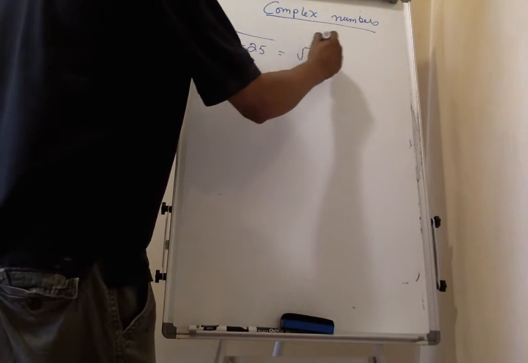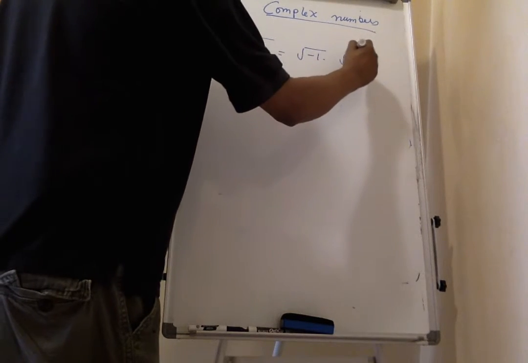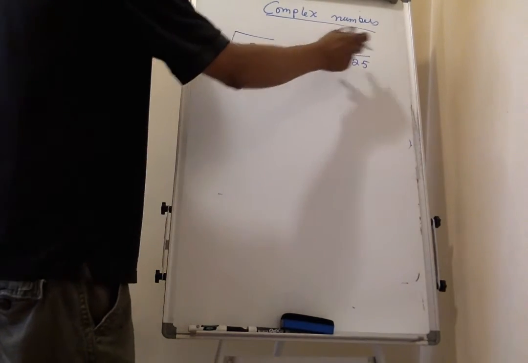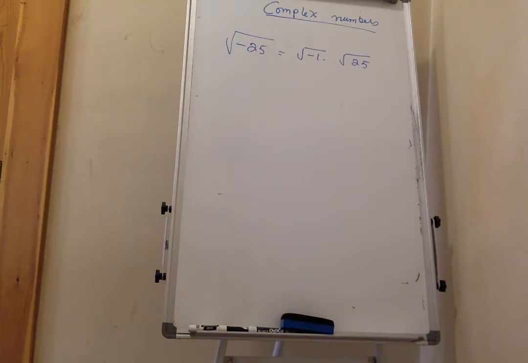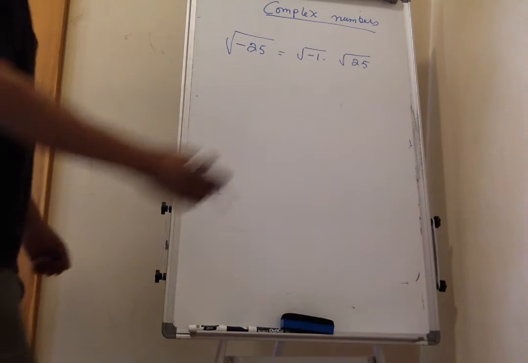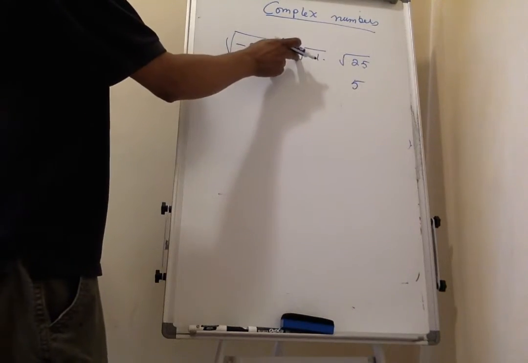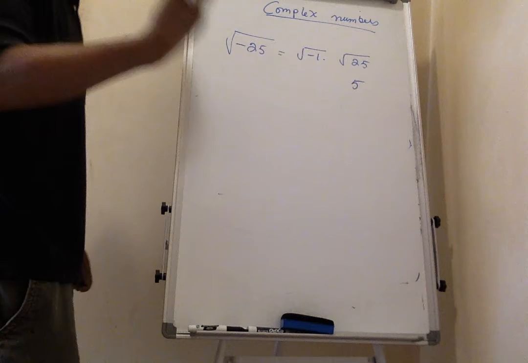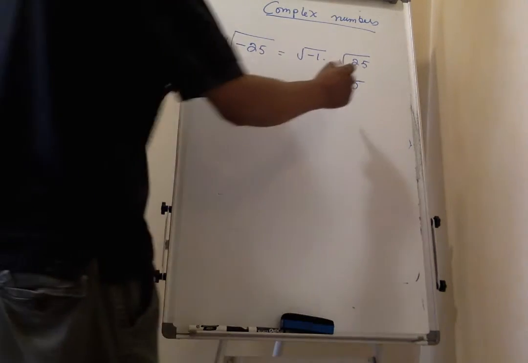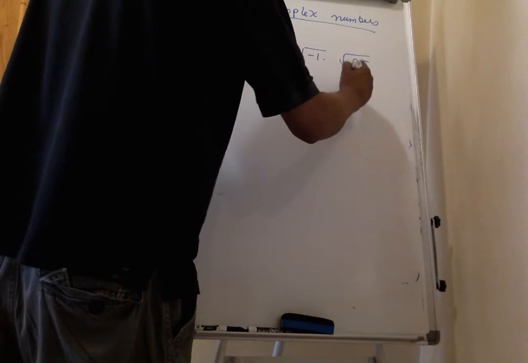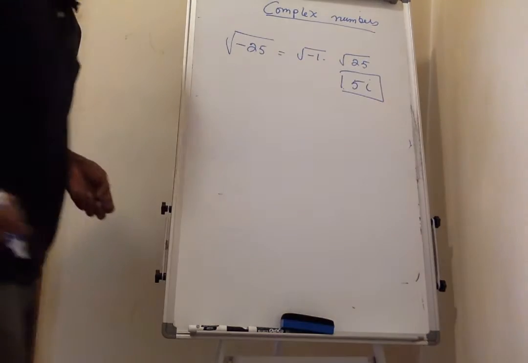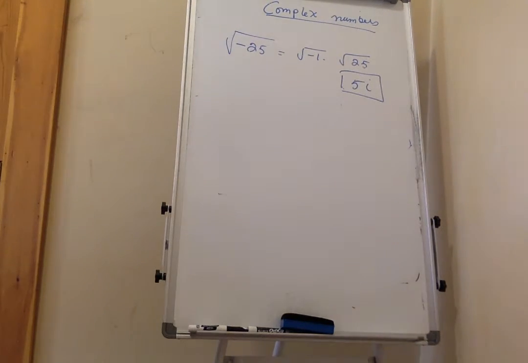I could do the square root of negative 1 times the square root of 25, because the square root of negative 1 times the square root of 25 is the square root of negative 25. Now I know the square root of 25 is what? 5. What have we said about the square root of negative 1? The other way of saying the square root of negative 1 is i, so you end up with 5i. Okay.